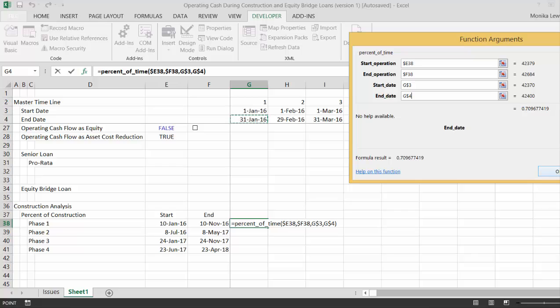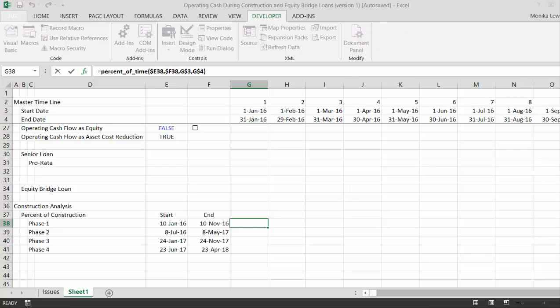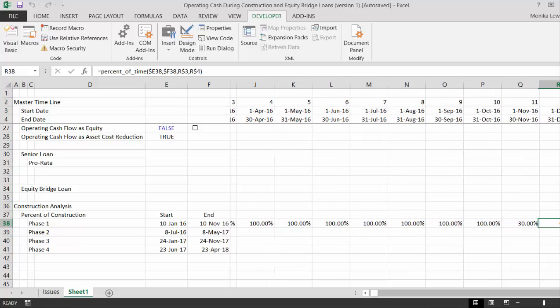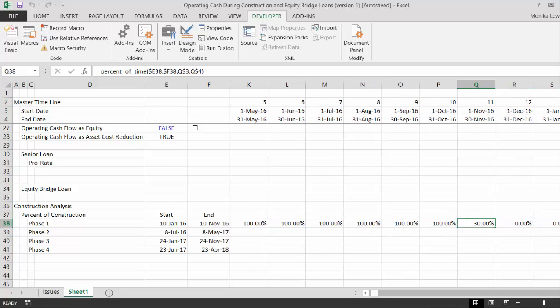So I was wrong. It's 70% of the time we're in here. Shift Control P. Shift Control R. And then we get 100%. This is like a true. And then in the last time, at the end, we get 30% exactly.